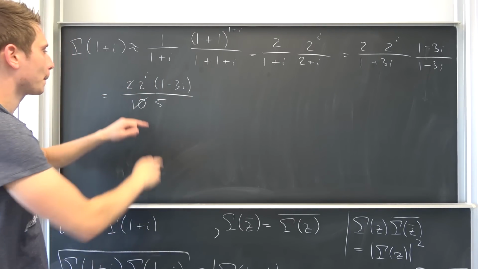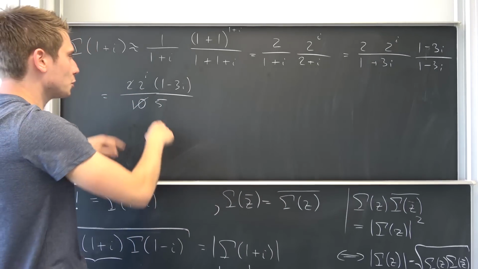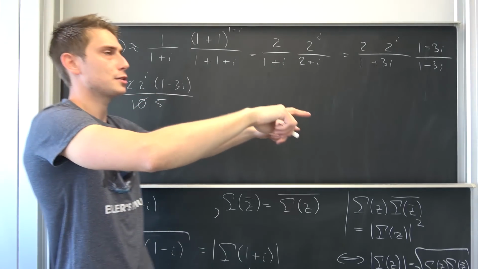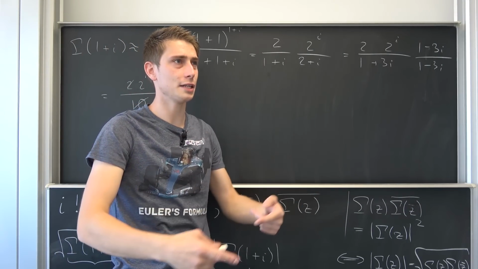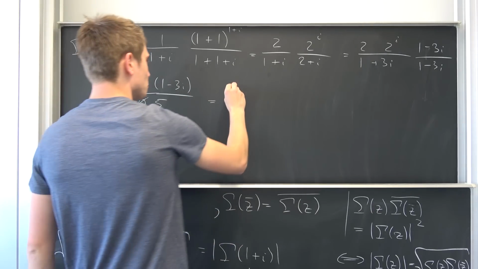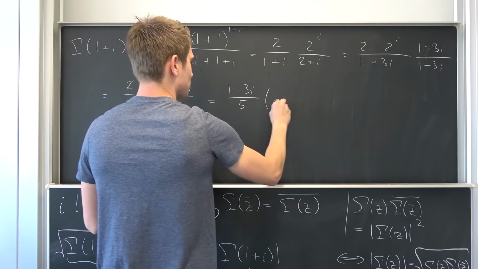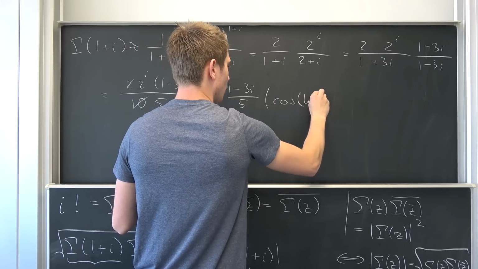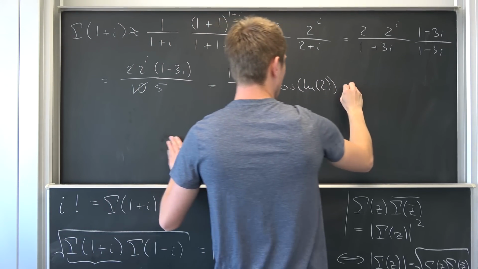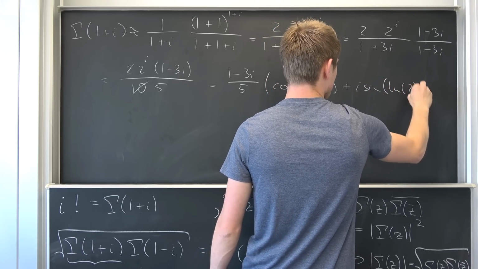And also we have 2 to the i power. By the same argument we had before, this is nothing but e to the i times natural log of 2, but this we can bring in the Euler form, so we have 1 minus 3i over 5 times the cosine of natural log of 2 plus i times the sine of natural log of 2.